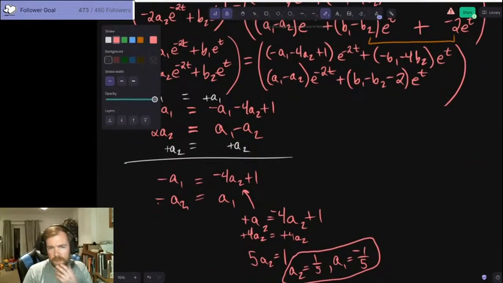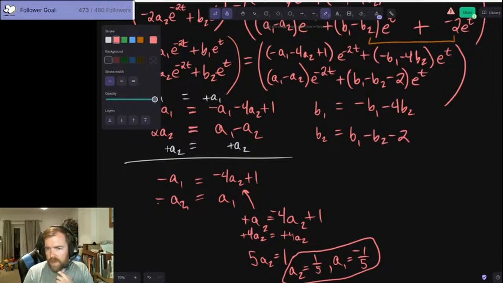So same deal here. This is going to be 1b1 and 1b2 equal to, respectively, a negative b1 minus 4b2 and a b1 minus b2 minus 2. Same deal.